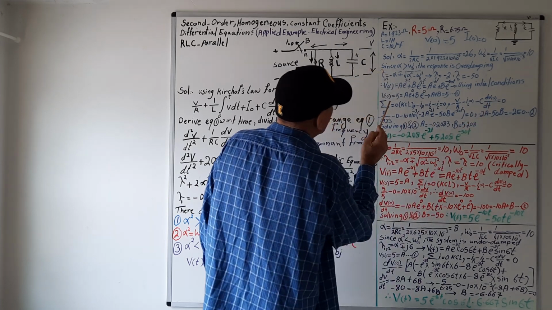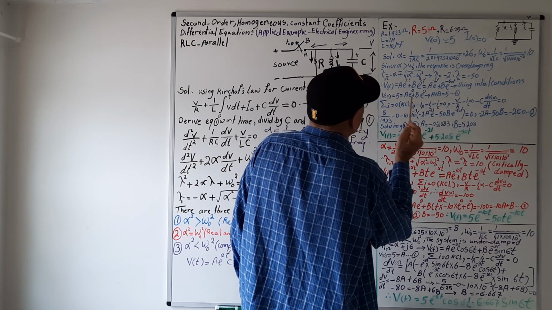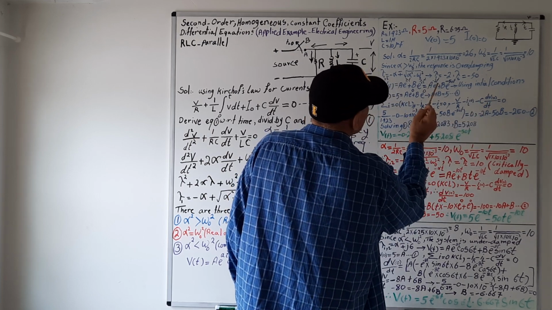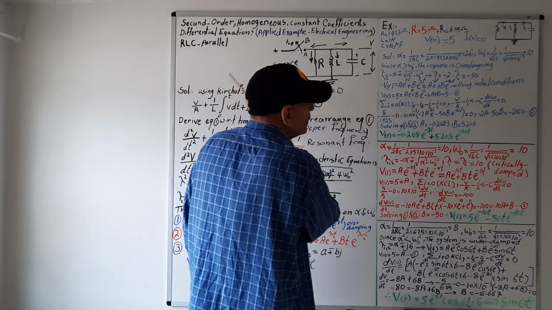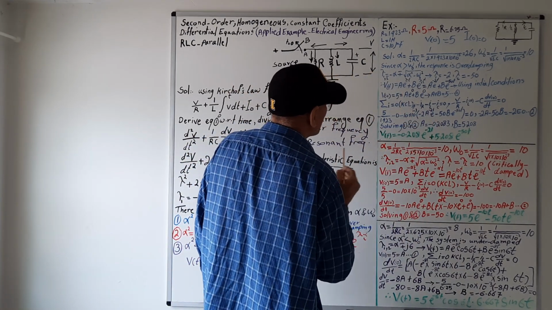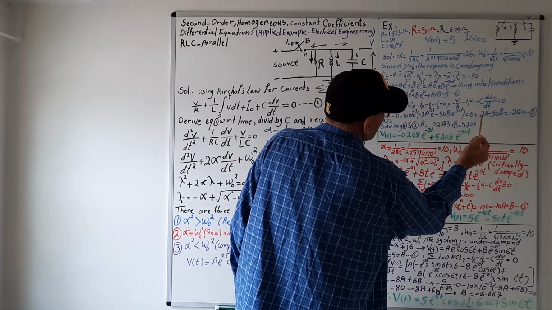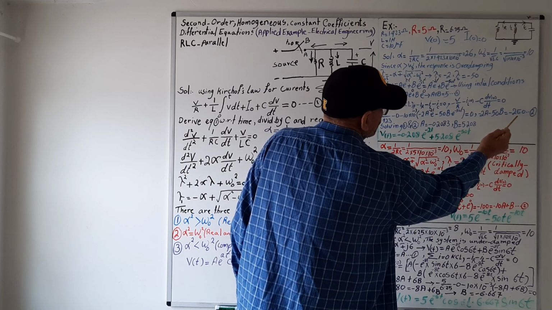We go back to our formula, this one, and we differentiate it with respect to time to find dV over dt. And we got the second equation: minus 2A plus minus 50B equal minus 260.